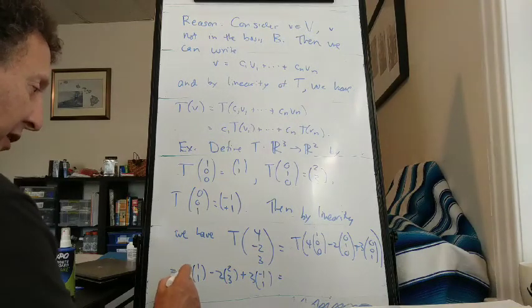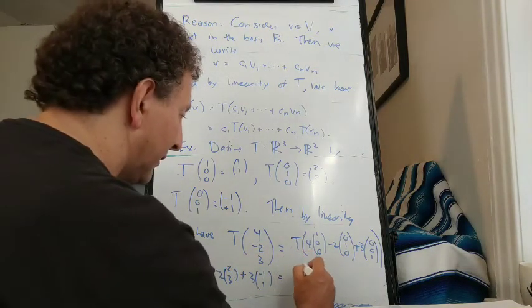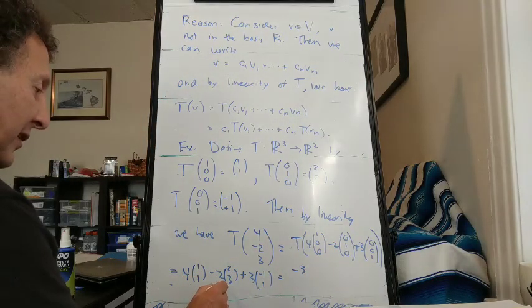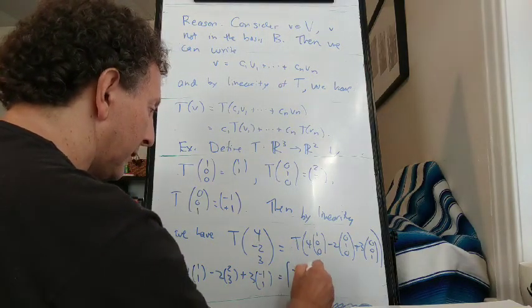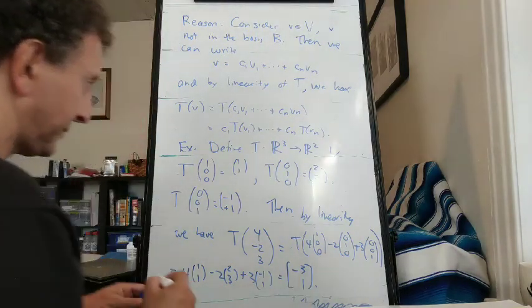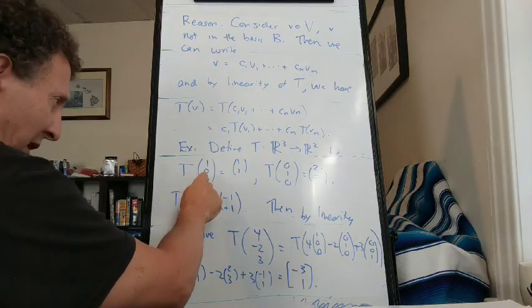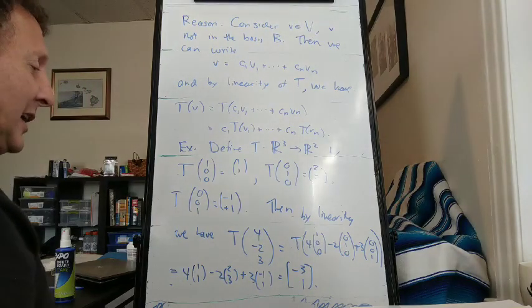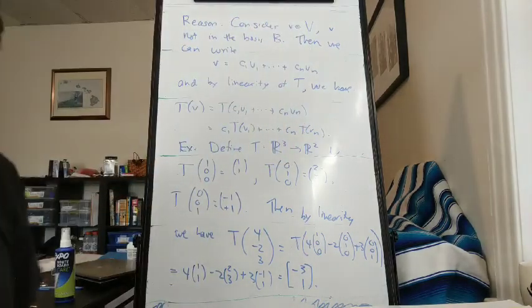And the first component is going to be 4 minus 4 plus negative 3. Actually: the first component is 4 minus 4 minus 3, and the second component is 4 minus 6, negative 2 so far, plus 3 is 1. So these definitions of the linear transformation on the basis tell us how to apply the linear transformation to any element at all in the space. For example, to the element 4, negative 2, 3. The end.